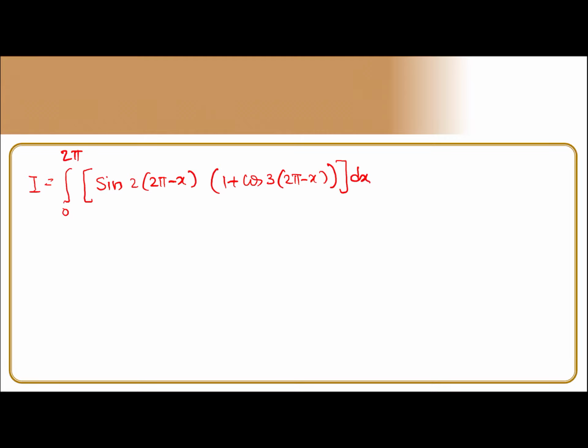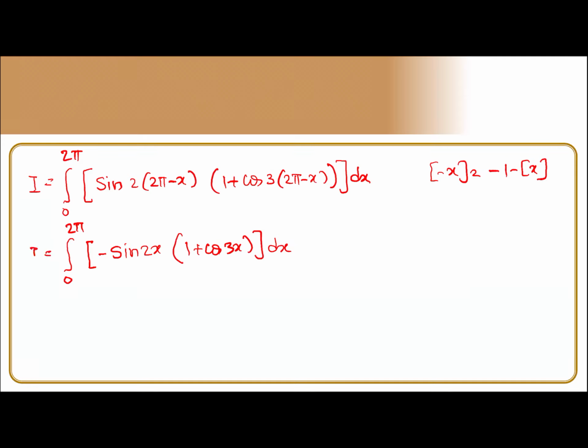What is happening? Sine (4 pi minus 2x) is nothing but, 0 to 2 pi, greatest integer of minus sine 2x into 1 plus cos 3x, since 6 pi minus 3x. So basically it is in the fourth quadrant. Use the property, greatest integer of minus x equal to minus 1 minus greatest integer of x.